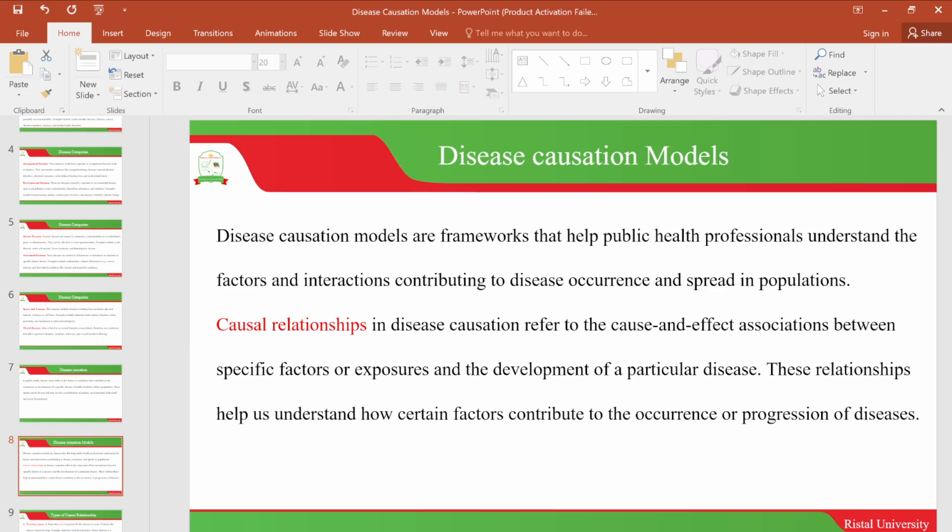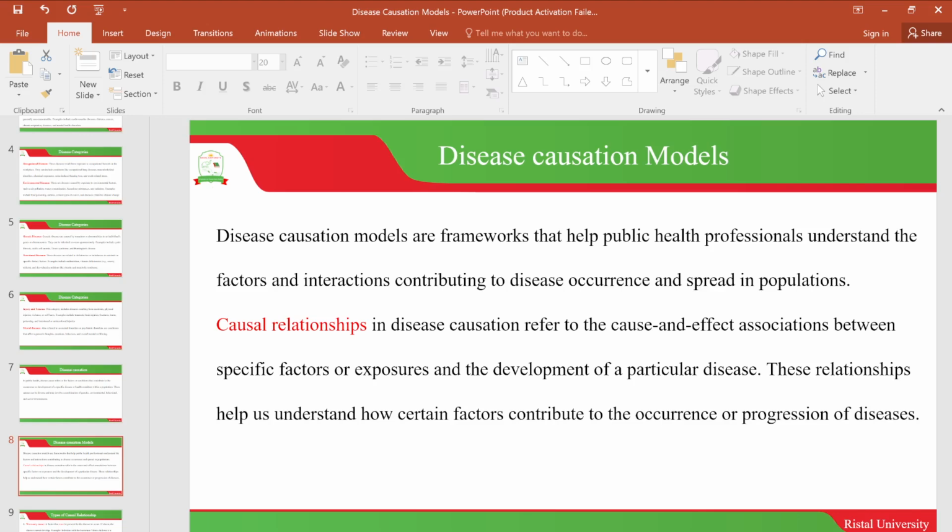And then before we look at all these different models, we want to first understand what we call causal relationships. Okay? With this, it's basically the understanding that there should be an event A for a disease B to happen.